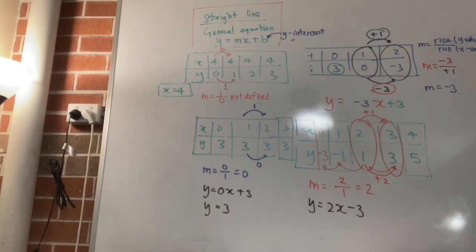How much does it go up each time, and how much does it go across, and find out the m and find out the b. Yes, that's the way. Good.